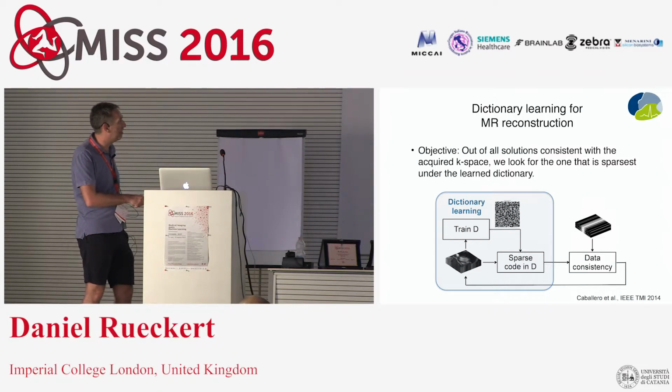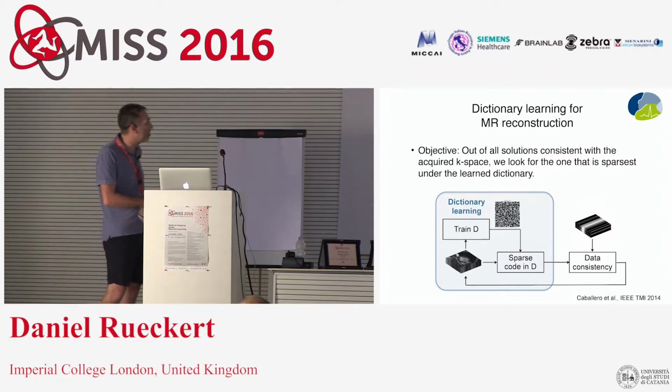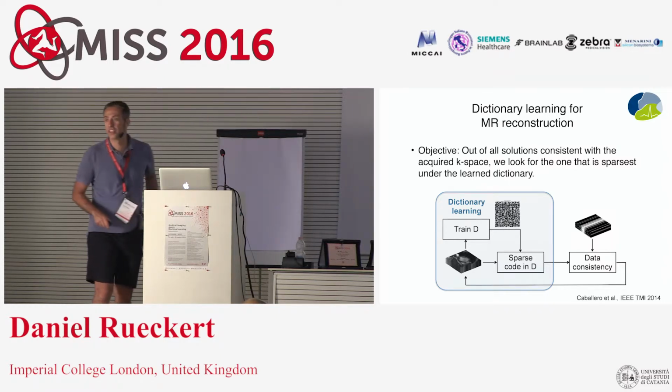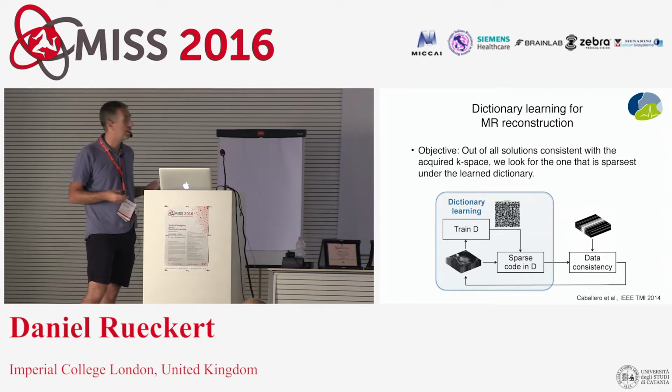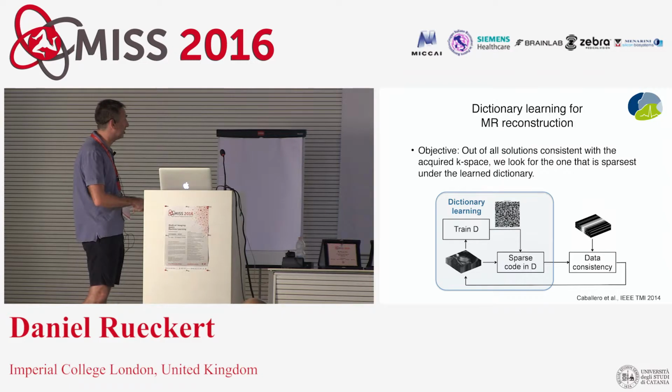I end up with my dictionary. I sparse code the image using this dictionary. I go back into Fourier space and make the data consistent with the measurements in Fourier space, and then I'm reconstructing a new version, learning a new dictionary, and going through the chart again. I keep on doing this until the solution I reconstruct no longer changes, until this image really doesn't change anymore.